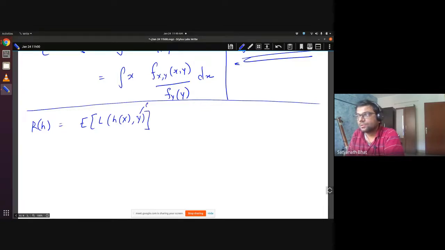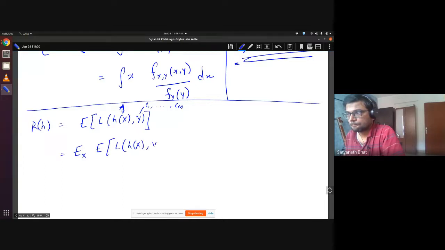Here y can take values C1 to Cm, and h(x) belongs to the action space A. Now what we will do is condition this: the expected value of, I will condition on x, so this will be y given x.